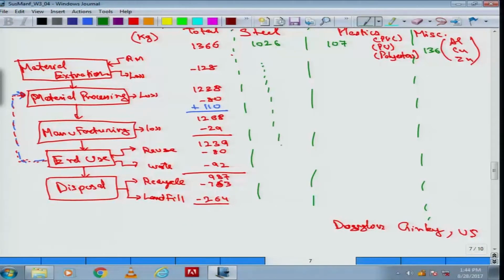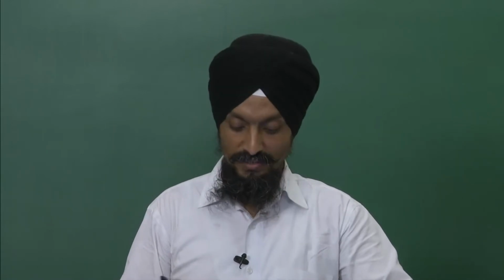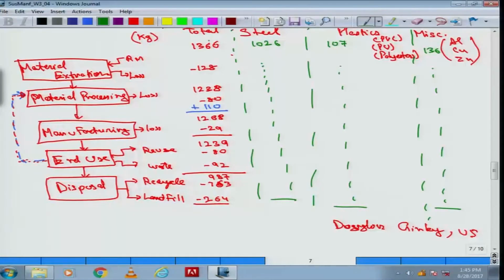So, they had certain values here as well, and final disposal was also there. So, this kind of study can also be conducted to conduct life cycle assessment. Now, in this case this is the total weight of the car that is input, and this was in the disposal stage, this is the landfill here.